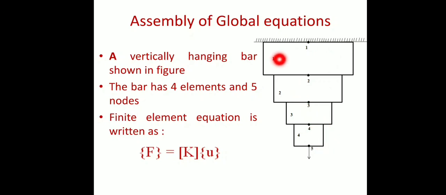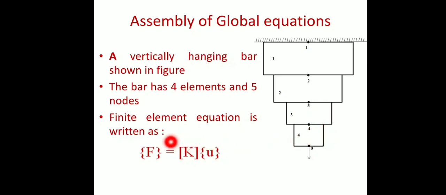Element 1 has two nodes, 1 and 2, element 2 has two nodes, 2 and 3, element 3 has two nodes, 3 and 4, and element 4 has two nodes, 4 and 5.